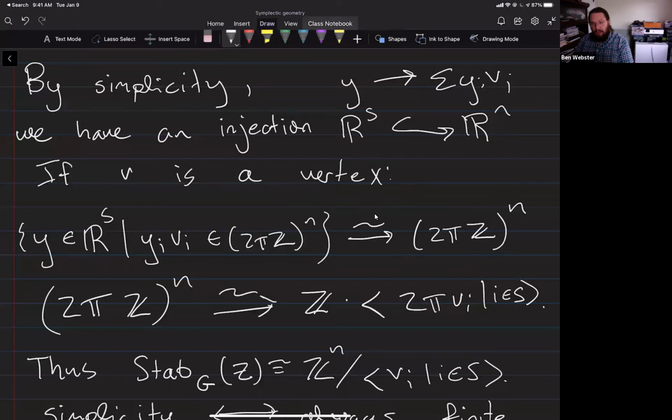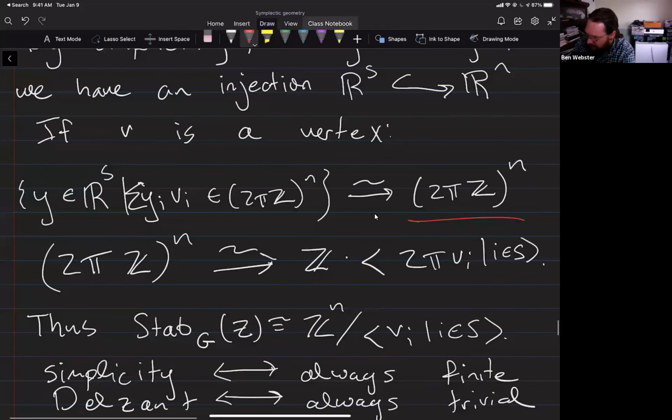My elements y of R^S such that the sum of y_i v_i is in the integral lattice 2πZ^n, well, that by definition gets mapped to 2πZ^n under this map. I've defined this set to be the pre-image of 2πZ^n under this map.